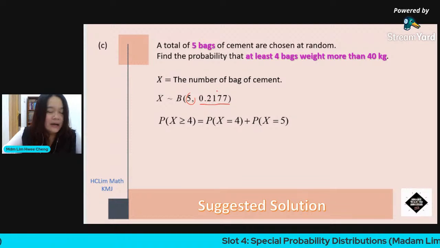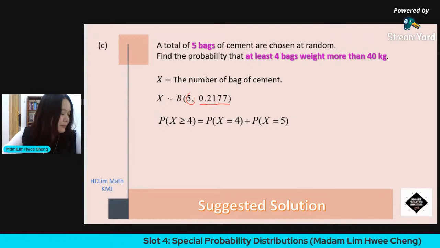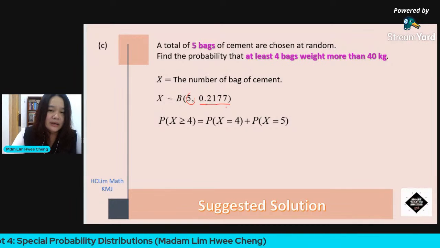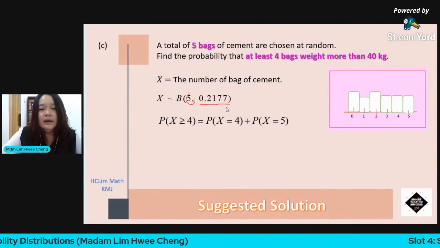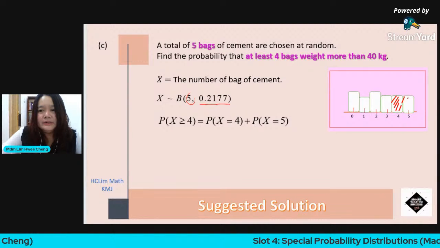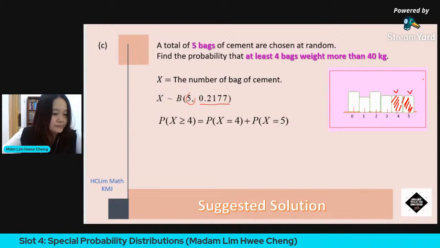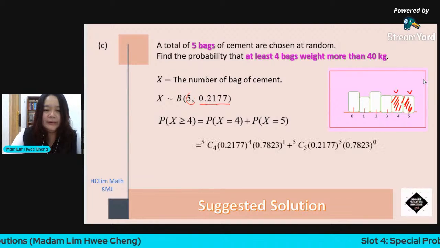Since this is out of the limitation of the table, we cannot look it up. So we can only calculate it. You must calculate it, because it says at least 4, and you only have 5, so 0 to 5. So we calculate this one and this one. Okay, so we do the calculations.